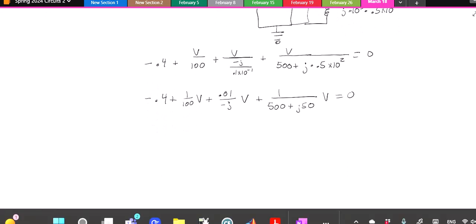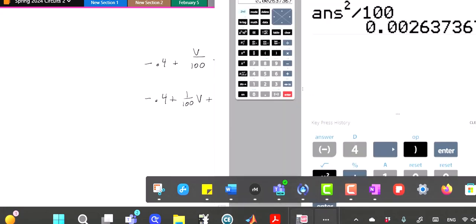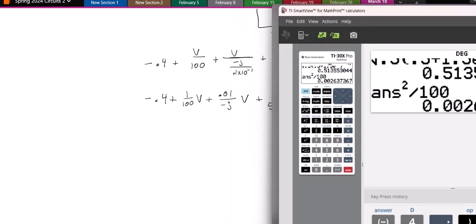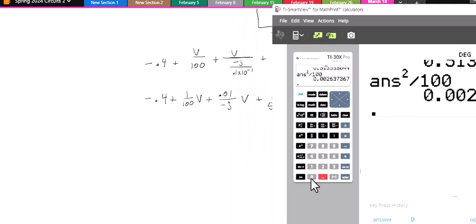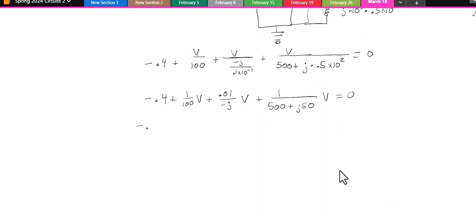Now I will use some calculator help. So 0.01 divided by minus J is 0.01J. Oh, I knew that. Minus 0.4. 1 divided by 100 is 0.01. So this is plus 0.01J.